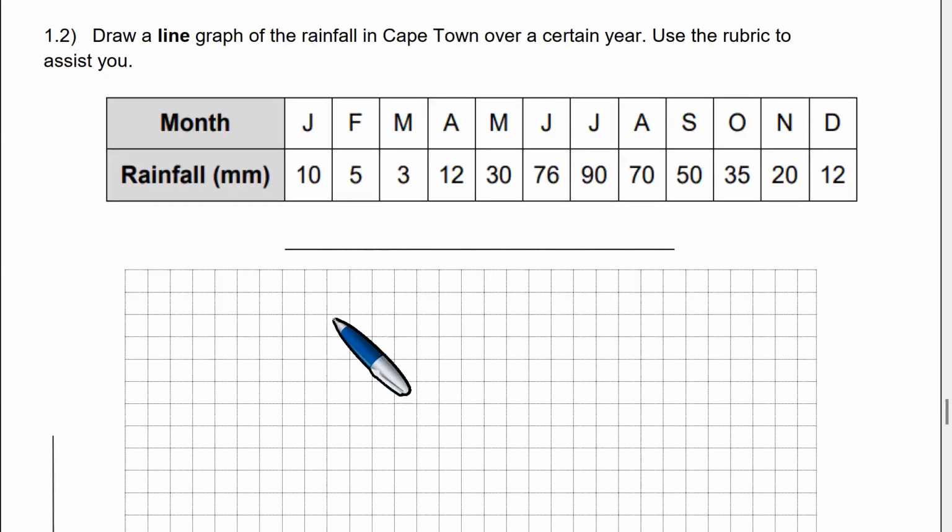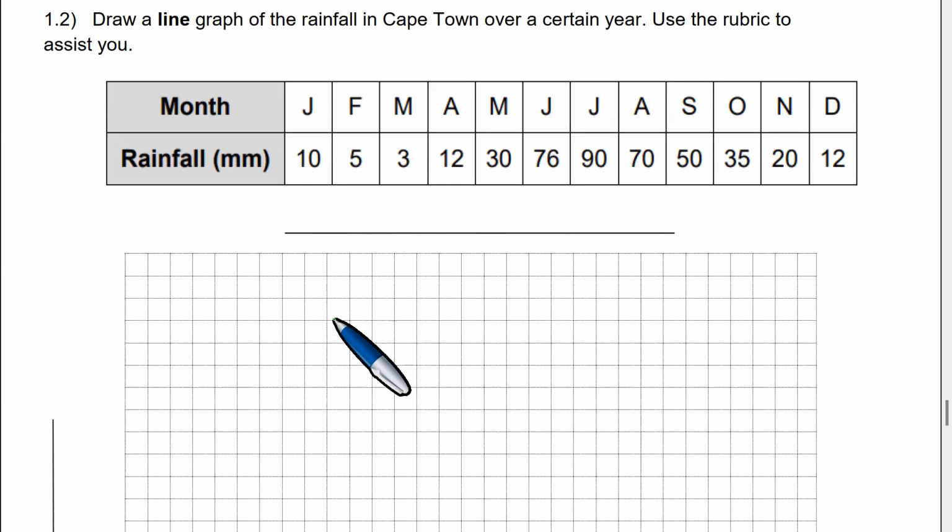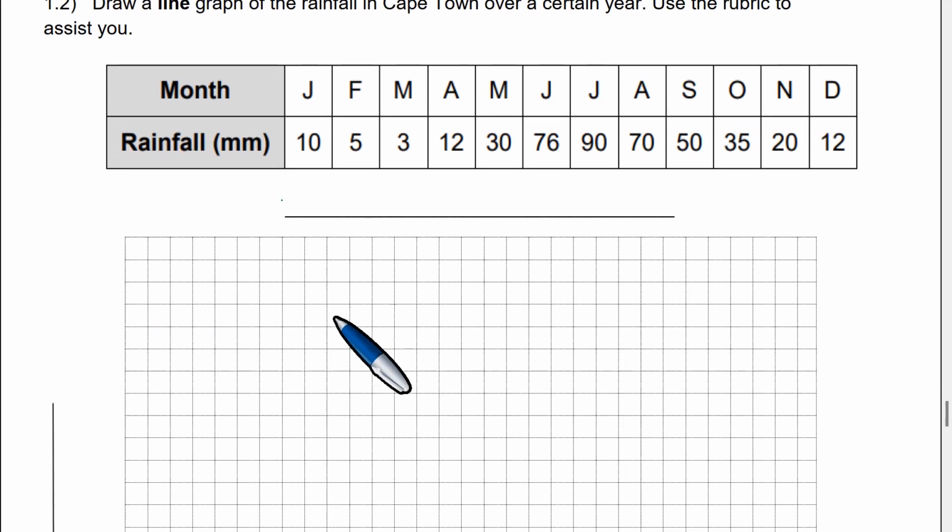Draw a line graph of the rainfall in Cape Town over a certain year. Use the rubric to assist you. Here it is. Like in January, the rainfall was 10. In February, 5. So we continue. So let's draw the graph.